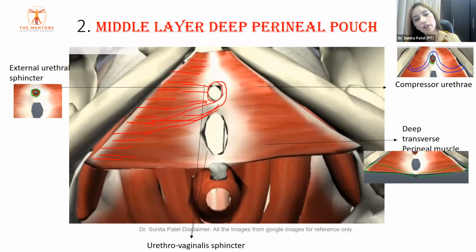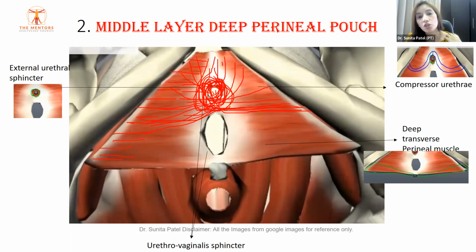So the right side goes like this, circling, looping around. This will go like this, this will go like this. So this is one side. Now the other side will come. Again, one muscle is going to merge with the opposite muscle. So this is how the muscle merges throughout the canal.